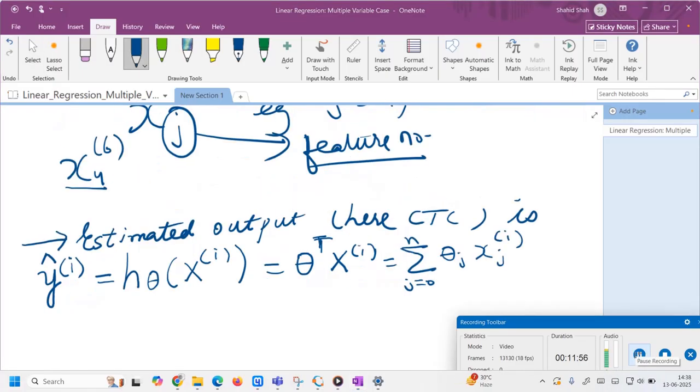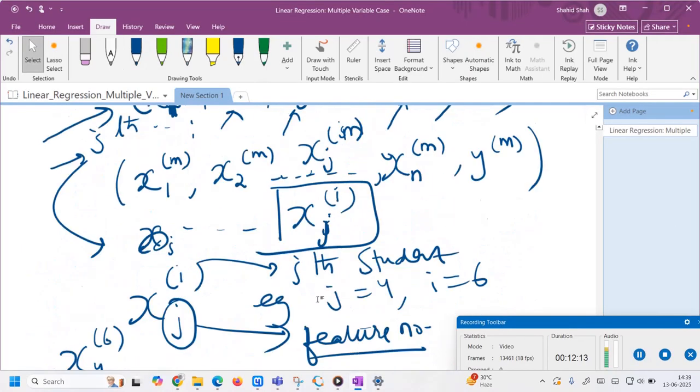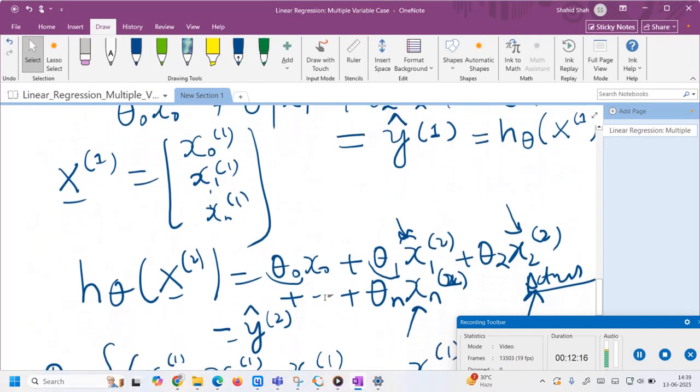So for the ith student, what is the estimated output? See, the estimated output will be h theta of x i, which is actually written as summation j equal to 0 to n theta j x j of i. If you have any confusion, you can rewind and try to understand here.